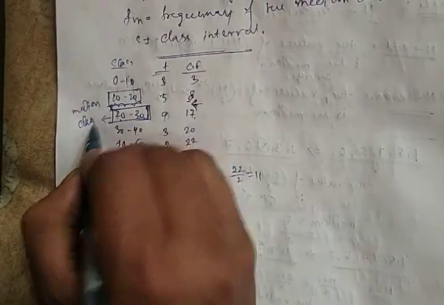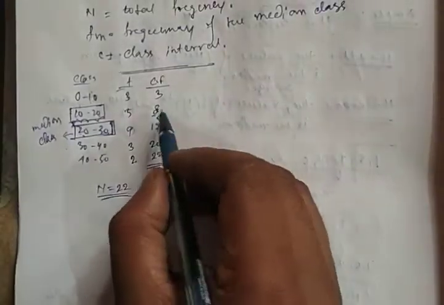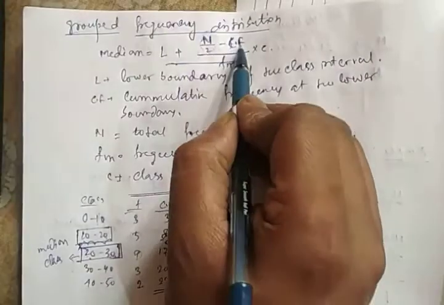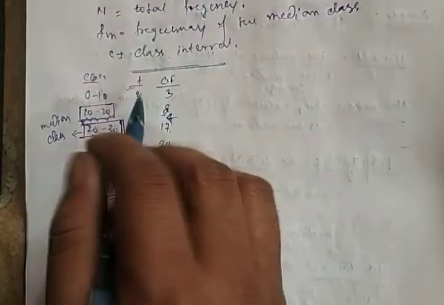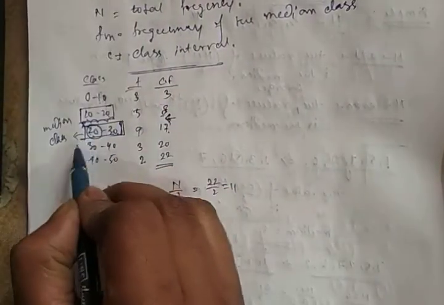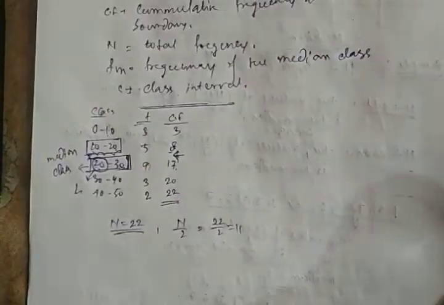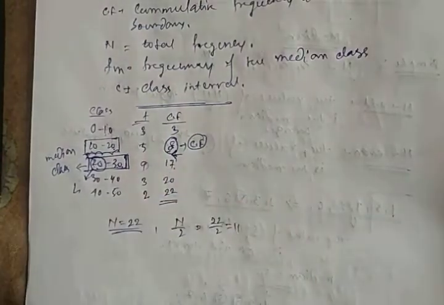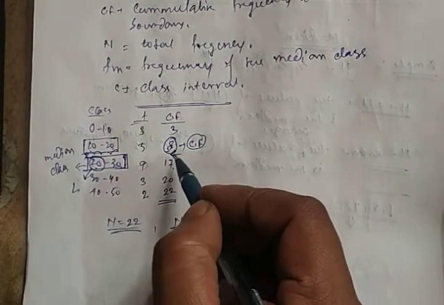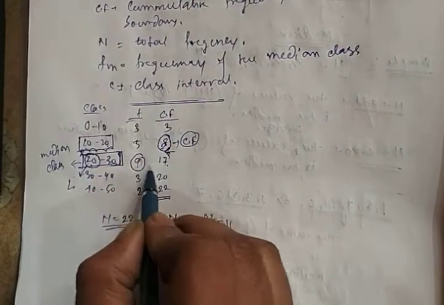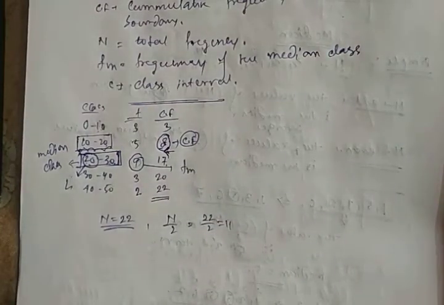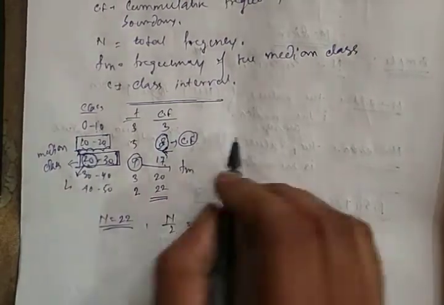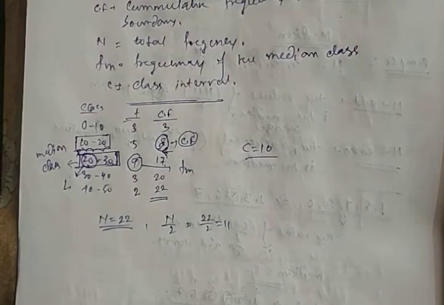For the formula, we have to define CF, FM, C and the lower boundary. So 20 will be the lower boundary, which is L. 8 will be the CF just preceding the median class, and this will be FM, the frequency of the median class, and here C equals 10, the class width.